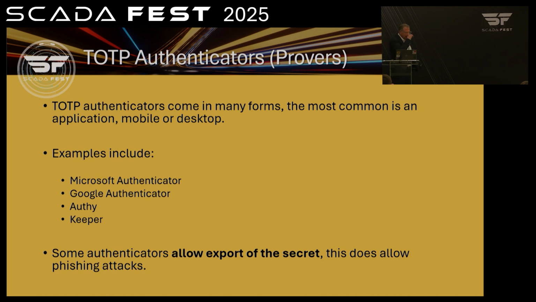Some of them allow exporting the secret, but not Microsoft Authenticator or Google Authenticator. I couldn't find the secret. By the way, in VTScada also, the secret will be shared in a readable form, but once it's shared, that's it. It's gone. It disappears. It's encrypted. You cannot get to it. So you have one chance to get the secret.